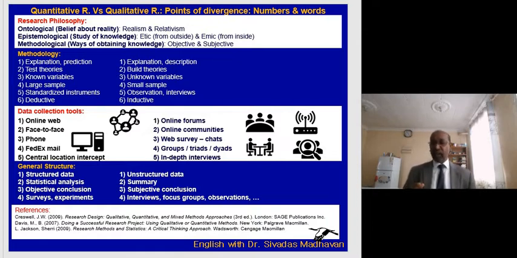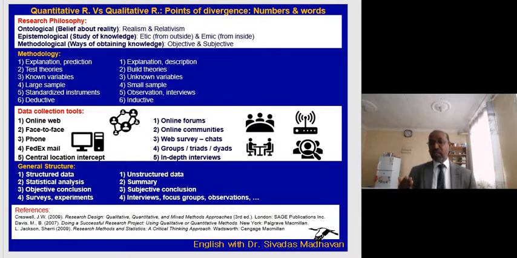And the most important thing is it starts with ontology. Ontology is a study of being, and there we consider two aspects of research. One is finding out a single reality, and the other one is multiple reality. That means realism and relativism.